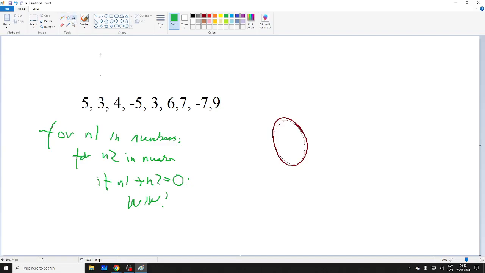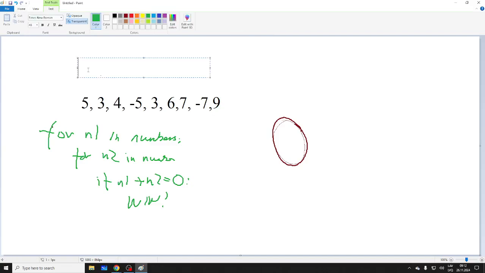So -7, -5, then 3, 3, 4, 5, 5, 6, 7, 9. That looks correct.